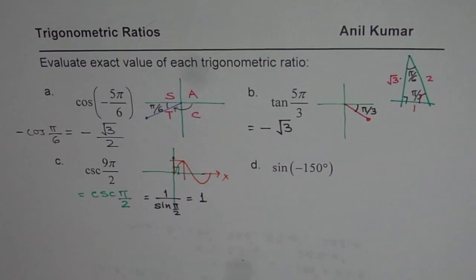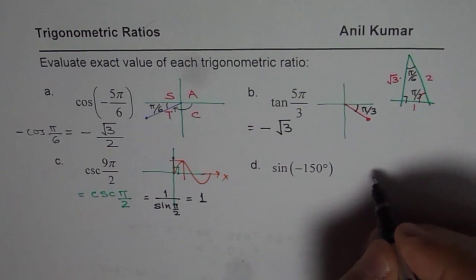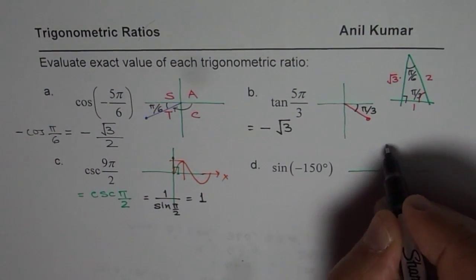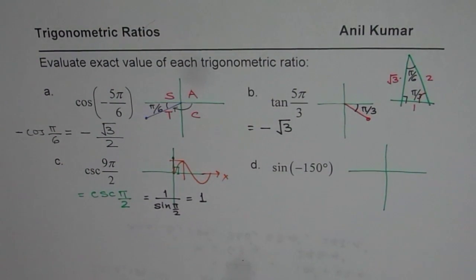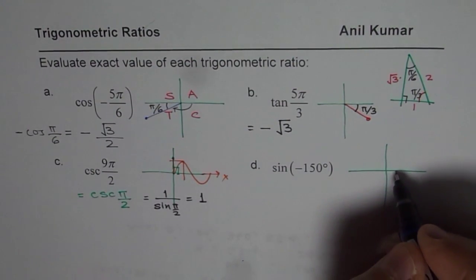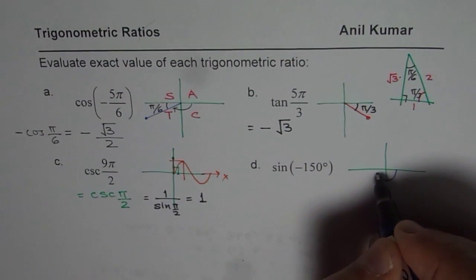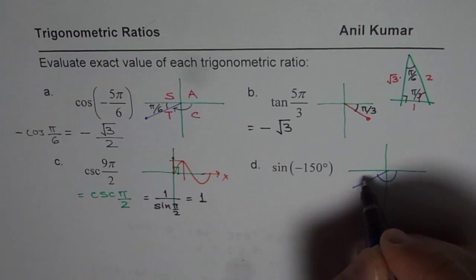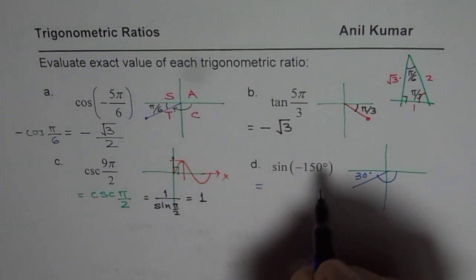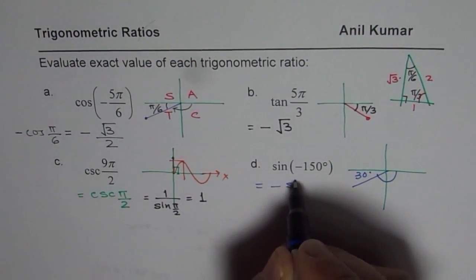Now let's look into sine of minus 150 degrees. So I've purposely taken one in degrees, others in radians. Minus means you're going clockwise, 150 degrees, that means 30 short of 180, right? So the acute angle is 30 degrees. So it could be written as minus sine 30.